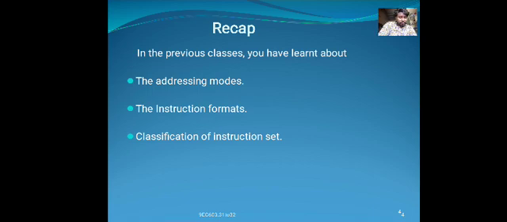These are the important addressing modes followed by the 8051 microcontroller. The discussion is completed in the previous class.